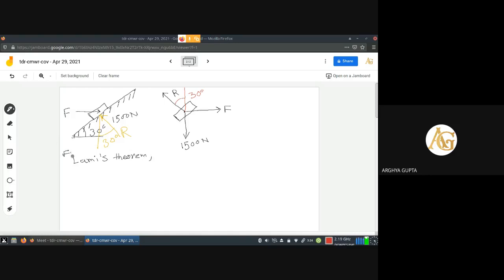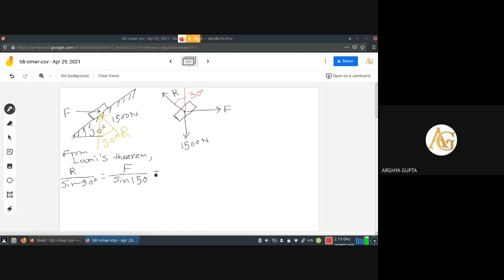R divided by sine of the angle between the other two forces, 90 degree, equals F divided by sine of the angle between the other two forces, that means the angle between the 1500 and R, so that will be 180 minus 30, 150.